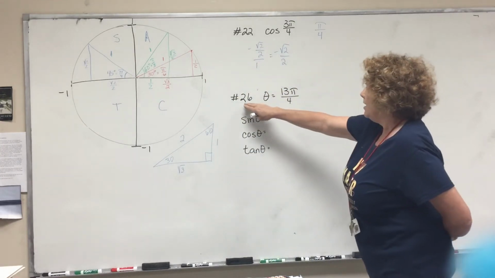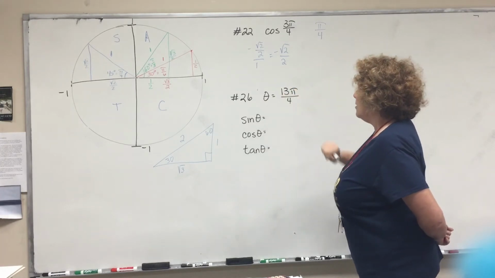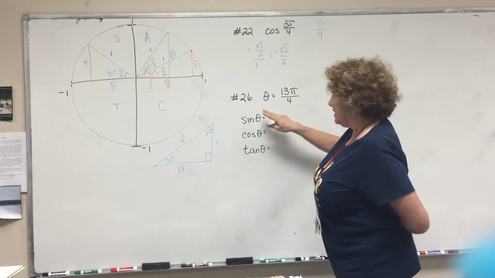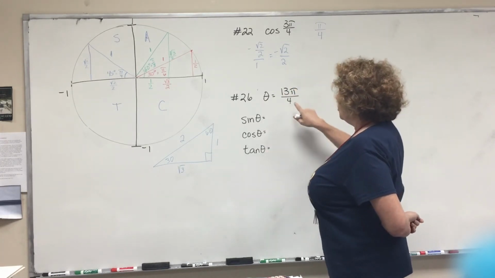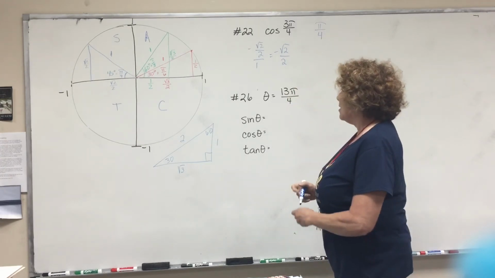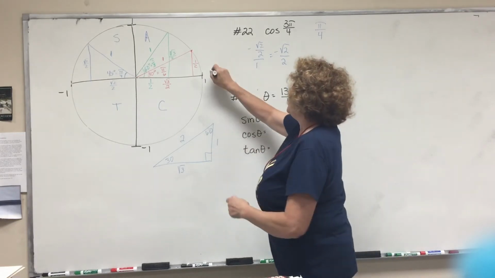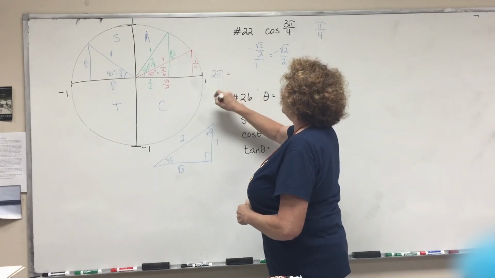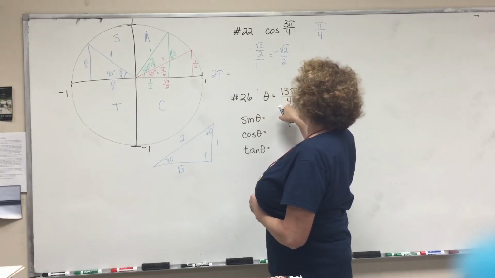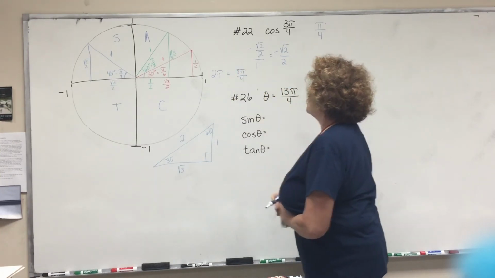Okay, now number 26, it tells you if theta is 13 pi over 4, what is the sine, cosine, and tangent? So let's go ahead and figure out where this is. Now 13 pi over 4 is quite a ways around. I mean, 2 pi equals, if we get a common denominator of 4, 8 pi over 4.